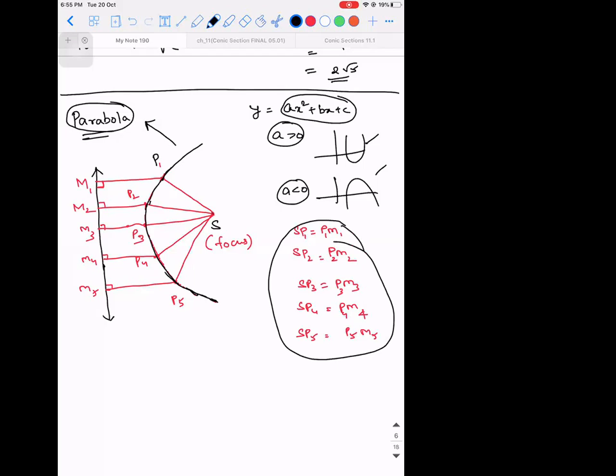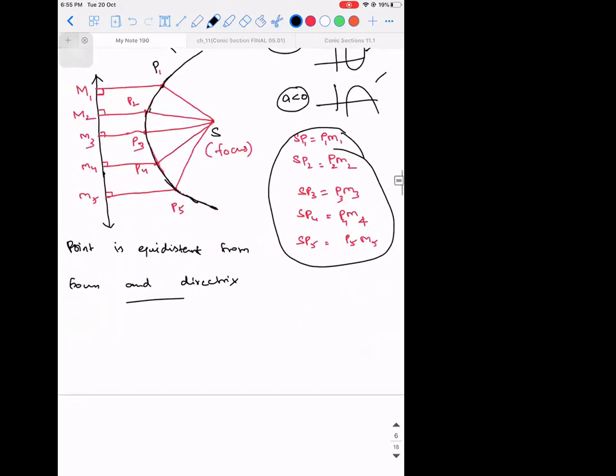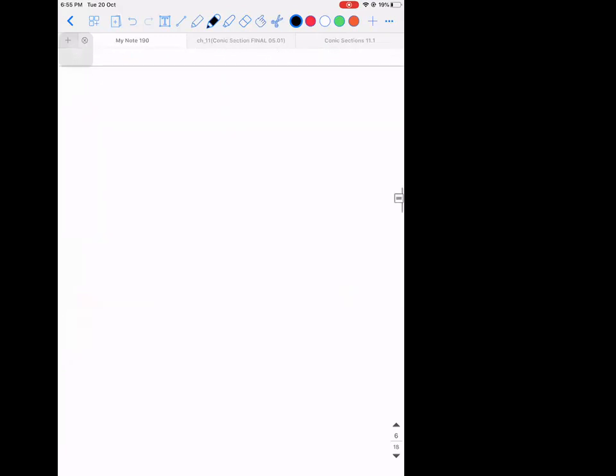What condition is it? The point is equidistant from the focus and the directrix. Now see how I'm going to derive the equation of a parabola.